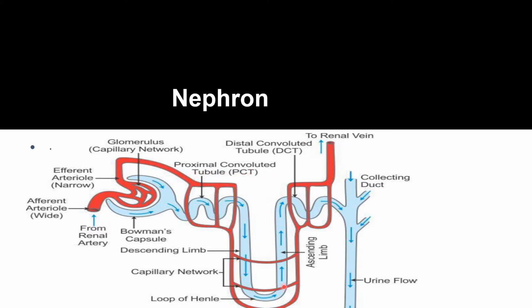And here the loop of Henle is straight and doesn't have any convolution, and that's why it's called the loop of Henle. After that, again you can find convolutions, so this is called the distal convoluted tubule. And finally, all the nephrons will enter into the connecting duct.